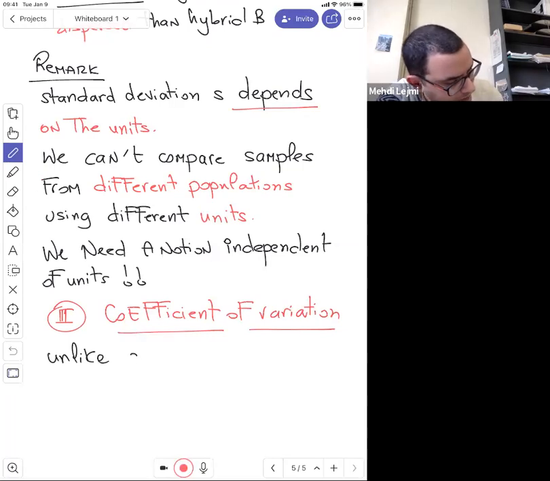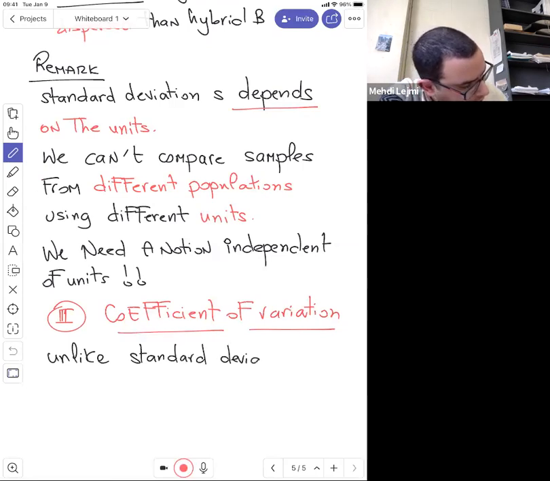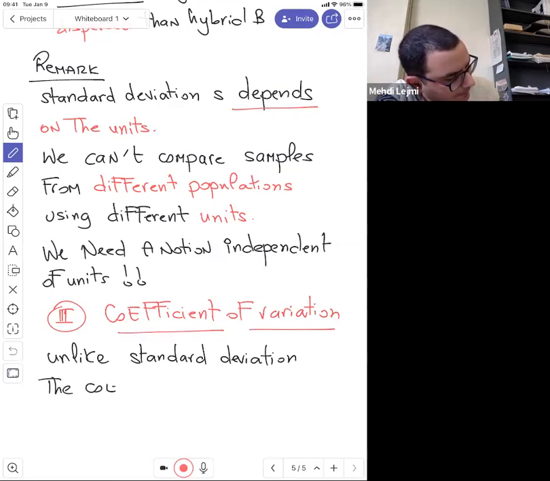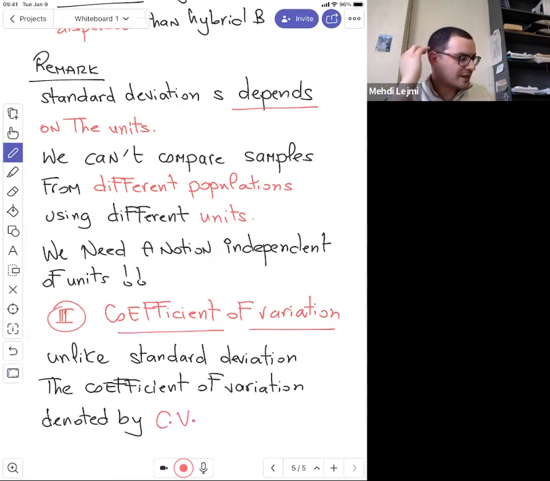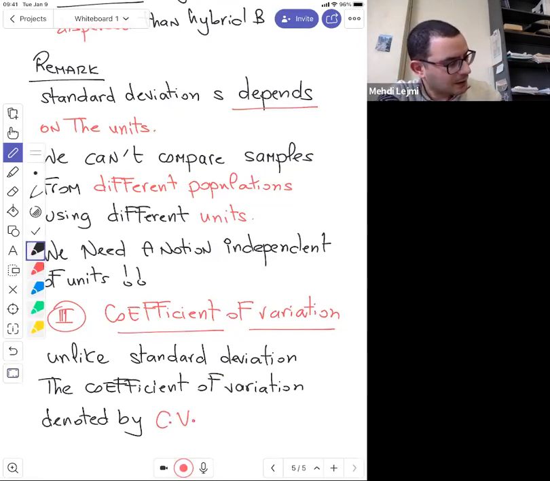So unlike the standard deviation, the coefficient of variation is independent of units. It is denoted by CV, where C stands for coefficient, of course, and V stands for variation.